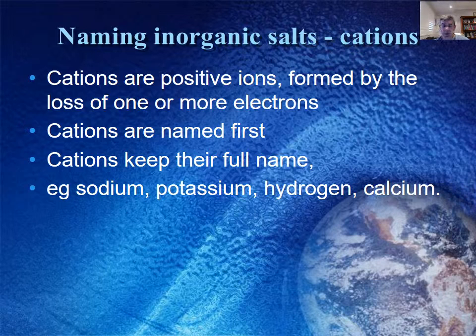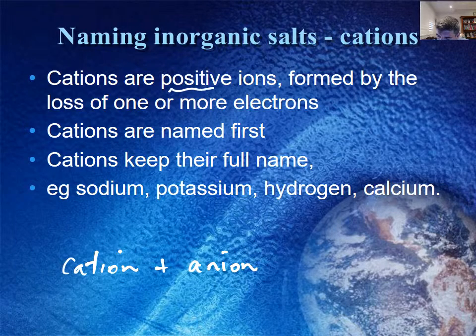When we're naming inorganic salts, effectively what we have is a compound formed between a cation and an anion. The cations are the positively charged ions, and they're formed by the loss of one or more electrons. We've started to talk about this in another video when we were looking at ionic bonding.